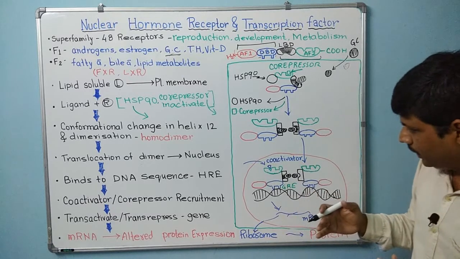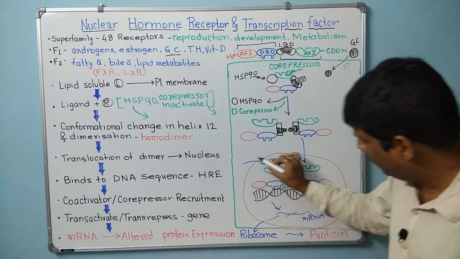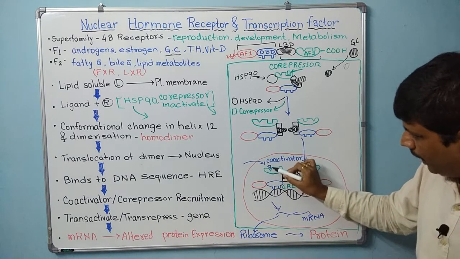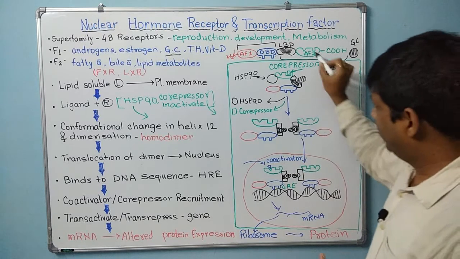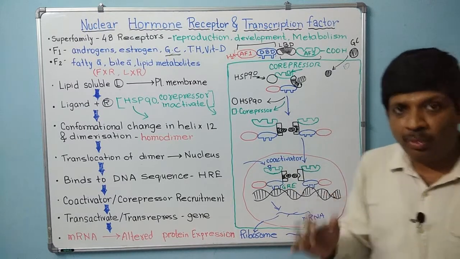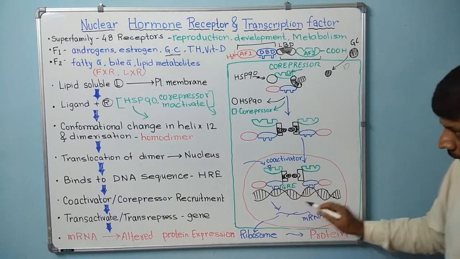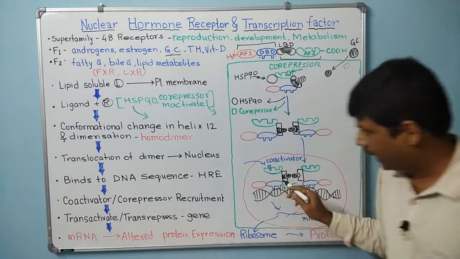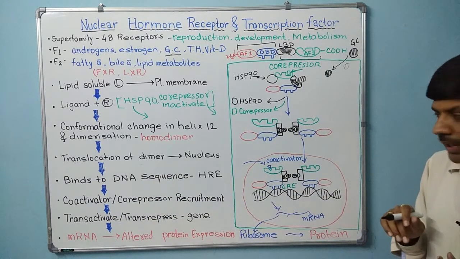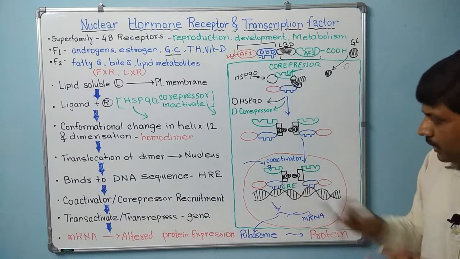After binding, there is recruitment of co-activator. The co-activator will be recruited here, and then it will bind over here in AF2. And this together will help to cause the formation of mRNA. So when co-activator is attached, the function is increased. If co-repressor attaches, then suppression of the activity occurs.